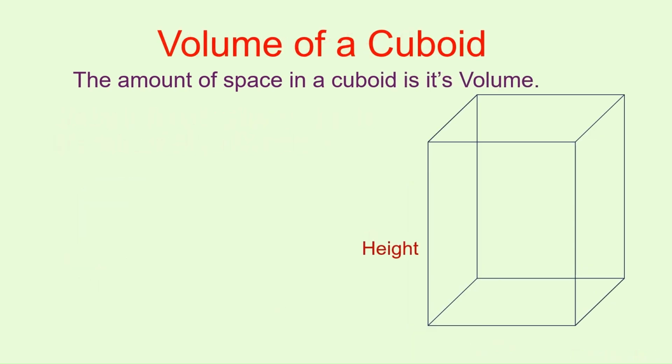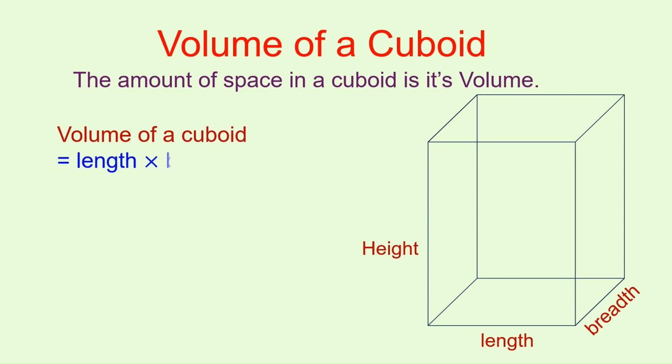Volume of a cuboid. The amount of space in a cuboid is its volume. Volume of a cuboid equals length times breadth times height.